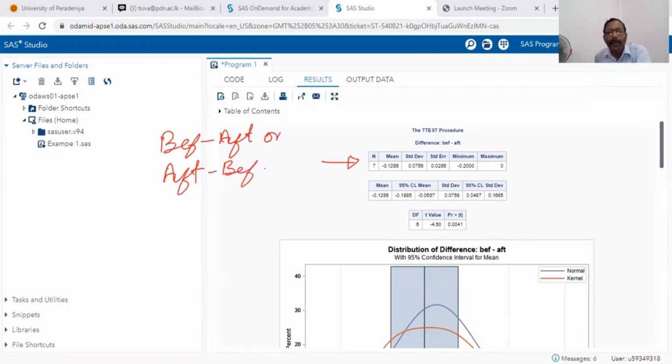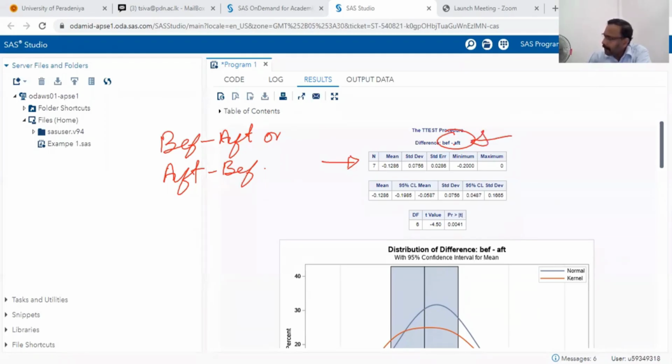What did the computer do? Yeah. They have mentioned difference before minus after. People have noticed that, right? So this has done before minus after. Why does it say before minus after? Can't we change this?